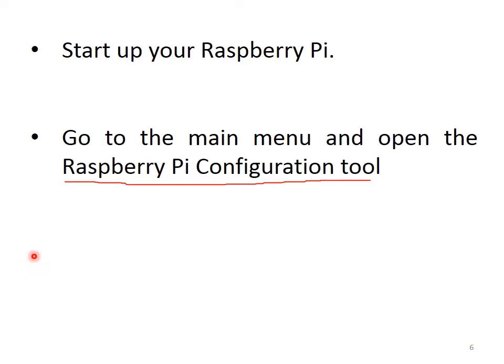As I told, now that we have done this, we need to go to the desktop of the Raspberry Pi. Here you need to go to the main menu and then open the Raspberry Pi configuration tool. You must be wondering what the window will look like and where we can find this configuration tool.